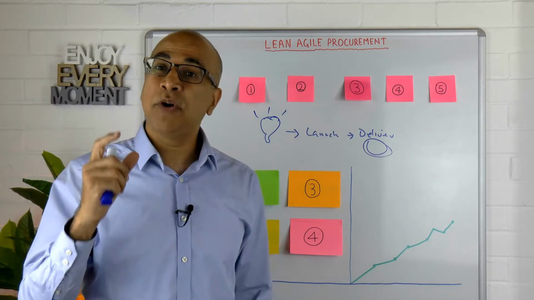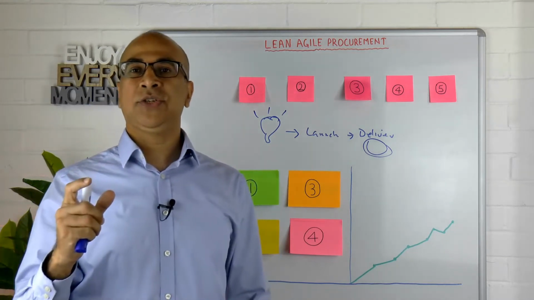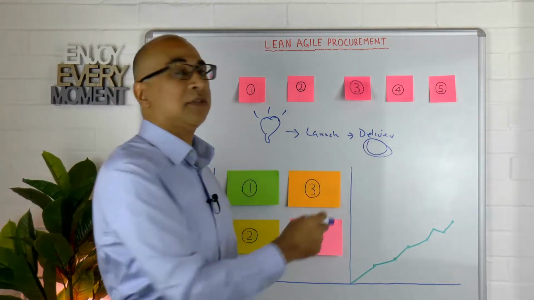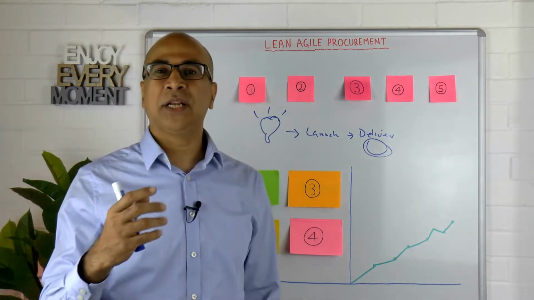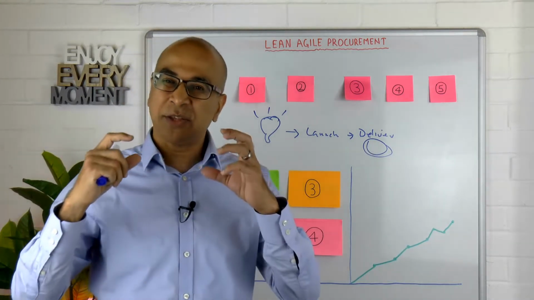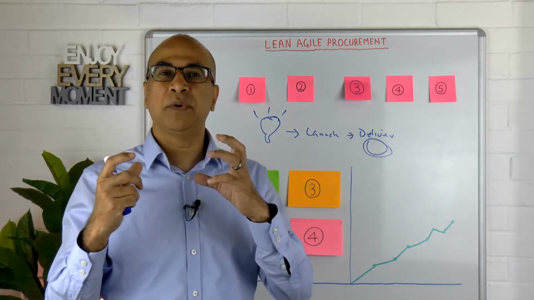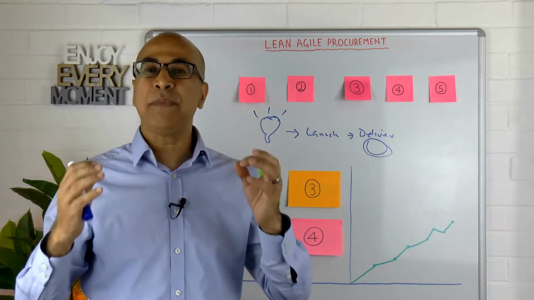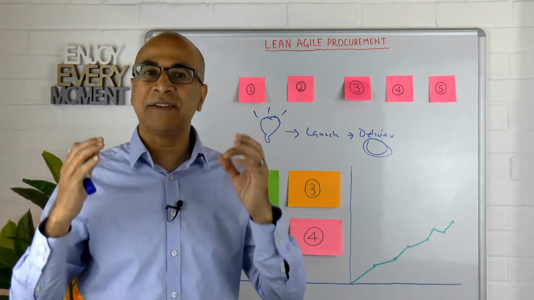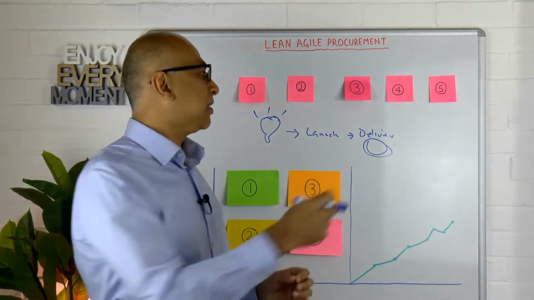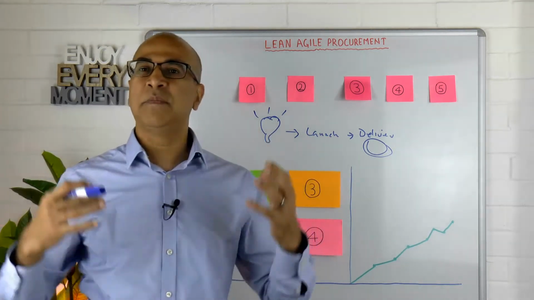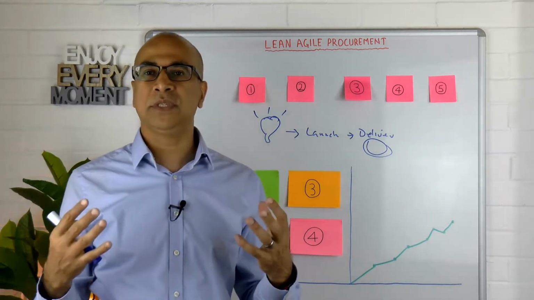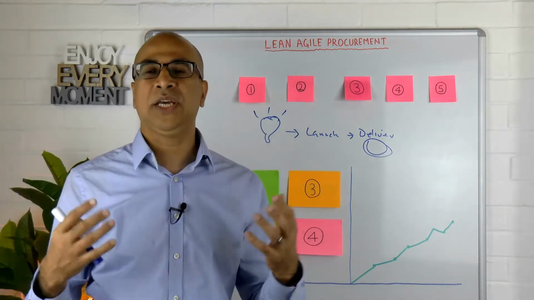But here's the problem. We focus so much on the delivery side of things and making sure that we're agile and we're tinkering to try and squeeze those last percentage points out, when actually a major cause of delay and inefficiency is in the stage that actually occurs before, in the procurement stage, or you might call it the launch stage.